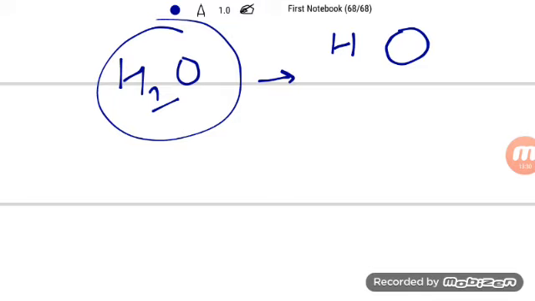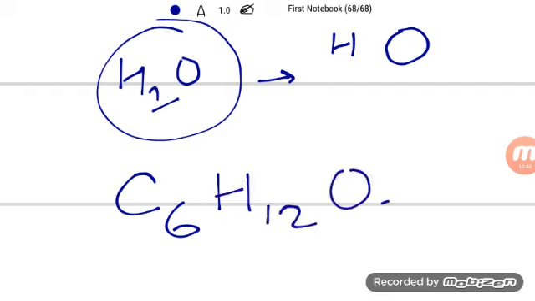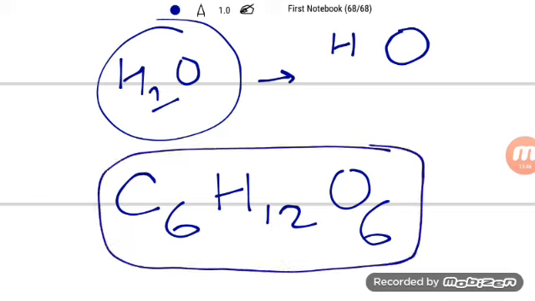Some more examples can be there, like glucose, which has the formula C6H12O6. This is a single molecule of glucose. You know what glucose is? Energy provider, you can see.